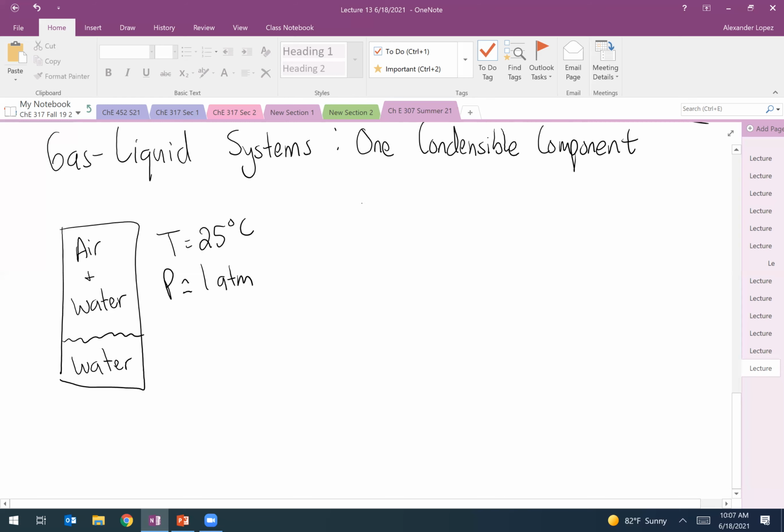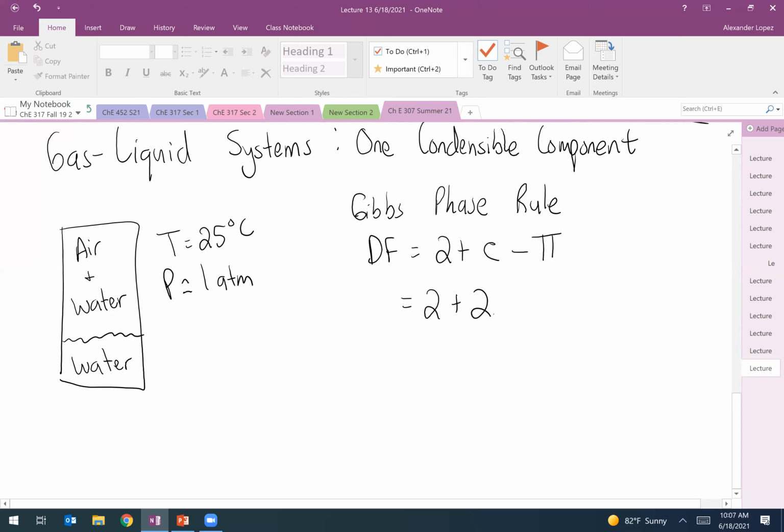If I were to apply Gibbs phase rule, which stated my degrees of freedom was 2 plus the number of components minus the number of phases, I would have 2 plus 2, because I have air and water, minus 2, which equals 2.